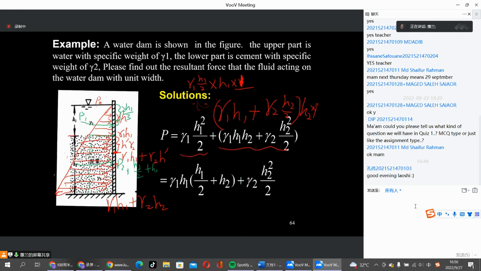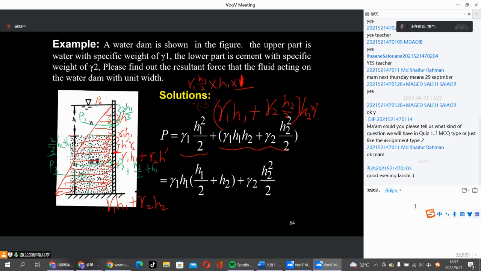And for this triangle, again the same. This will be P3, and its vertical distance to the free surface will equal 2/3 H2 plus H1.